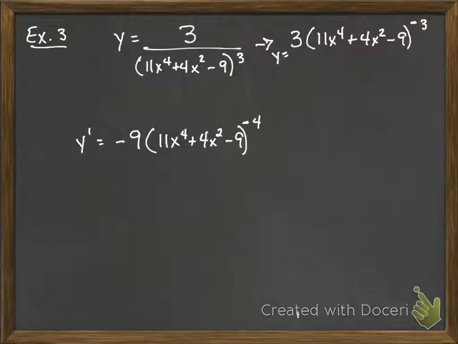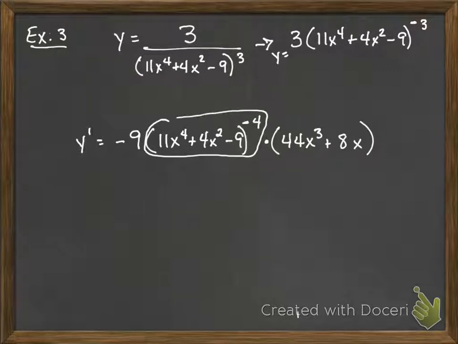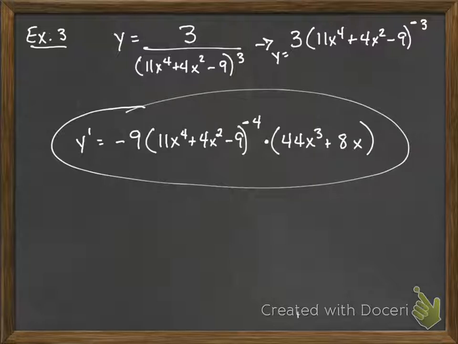And now you multiply by the derivative of the inside. 44x cubed plus 8x. Bingo. Again, if you wanted to simplify, we could take all this and put it in the bottom with a positive exponent. Not necessary for the example. So that's okay right there.